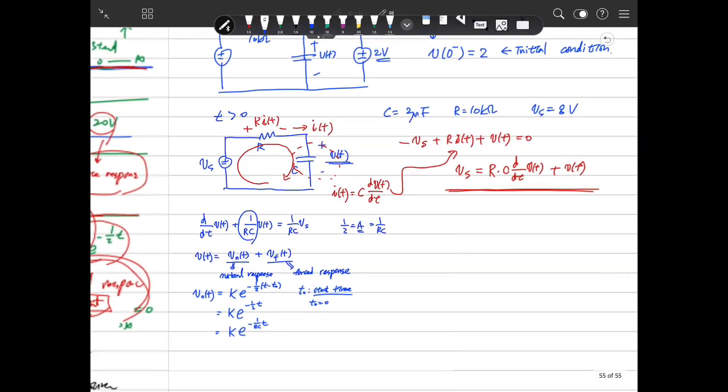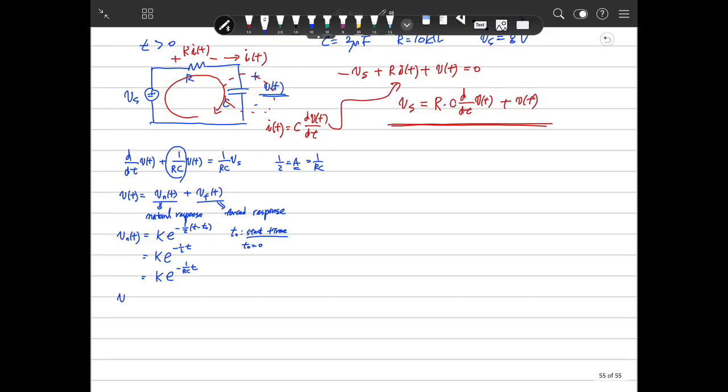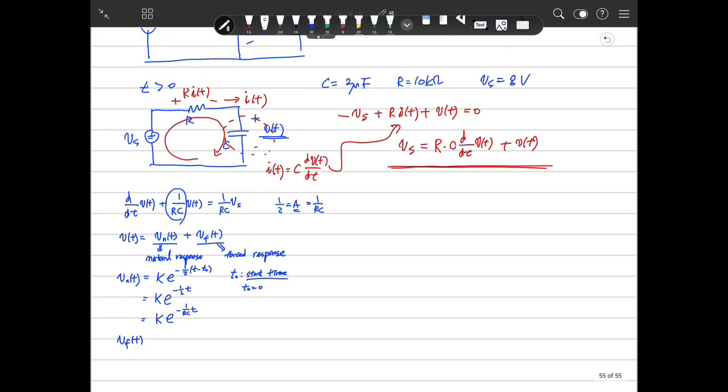Okay, here. Then we need to get the VF. What is VF? VF is the forced response, I mean the steady-state response of this circuit. When time goes to infinity, then what happens? Then V is constant.